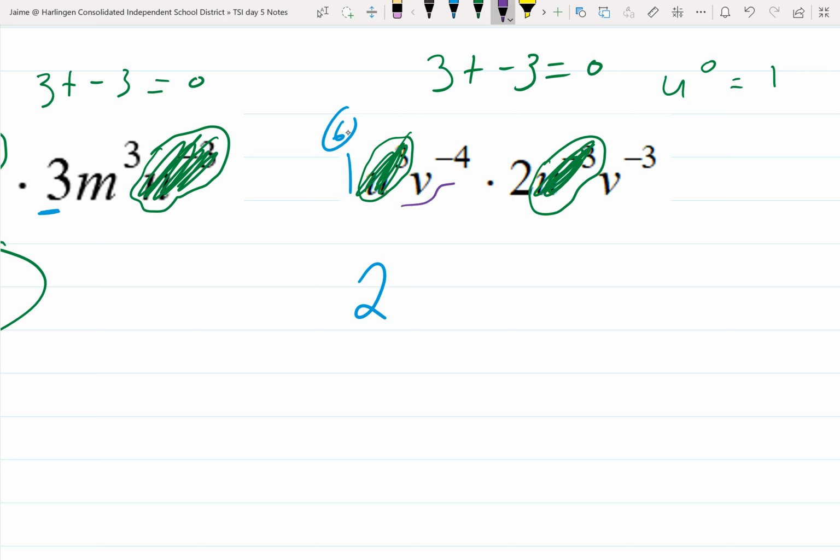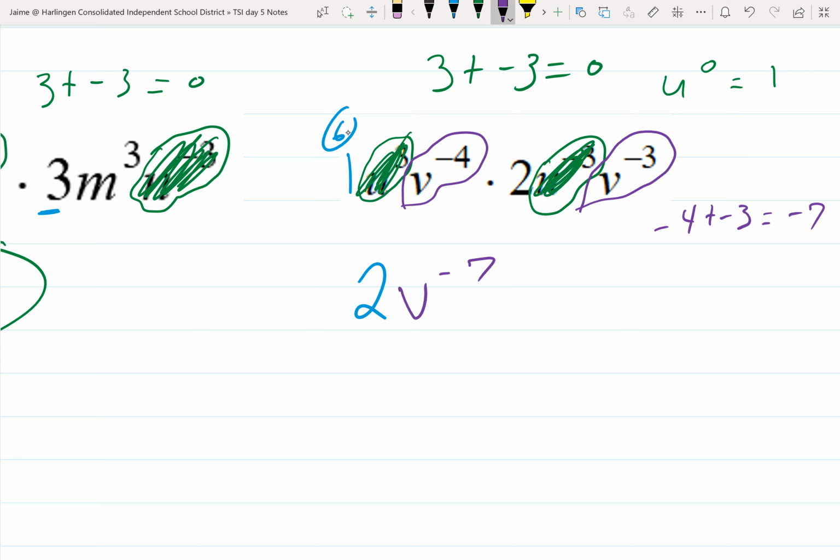Now the v's. That's a v with a negative 4, and that's a v with a negative 3. You add them, because when you multiply, you add the exponents. Negative 4 plus negative 3 is negative 7. So then you have v to the negative 7. Are we done? No, can't have negative exponents.